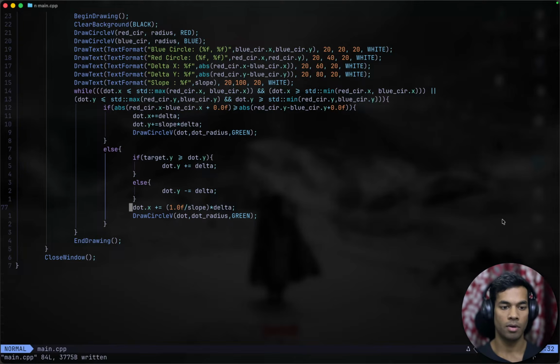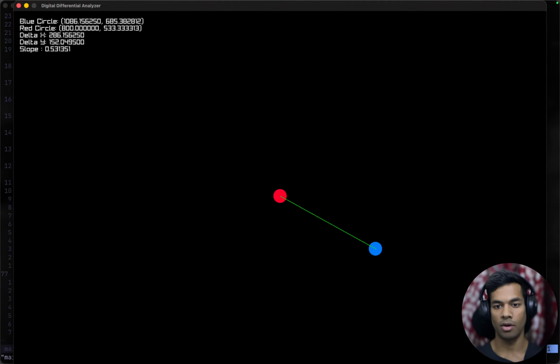Let's say we only changed X, how X is being updated. Okay, now it is working fine. At least this is not getting stuck. That is one thing. And yeah, we have to fix how we are changing the X direction.